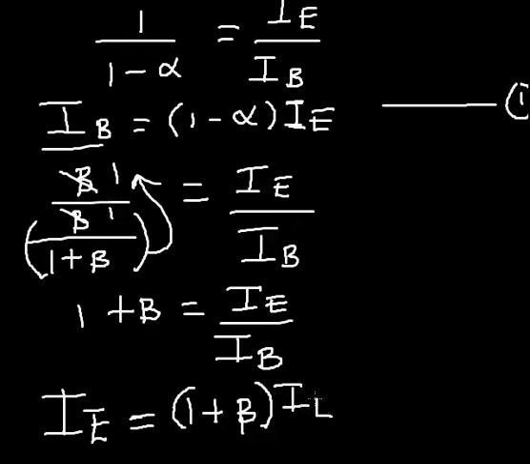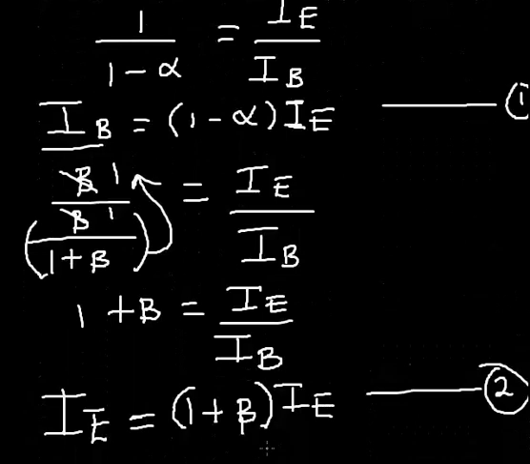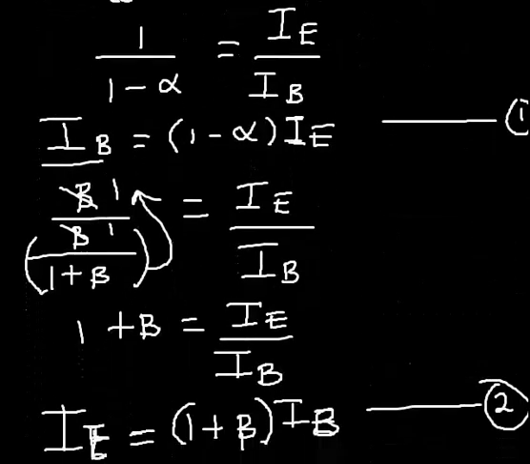So this one is the last relationship. Invariably, when you have a transistor connected in a common collector, the output current, which of course is the emitter current, is going to be equal to 1 plus beta multiplied by the base current.